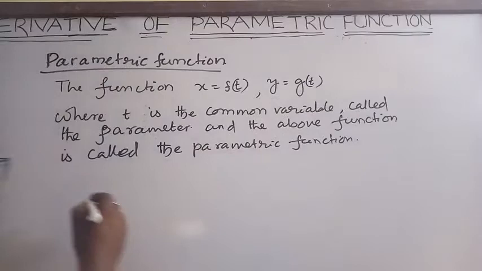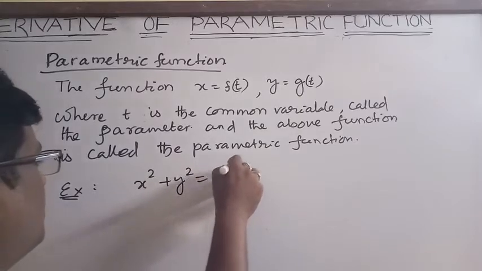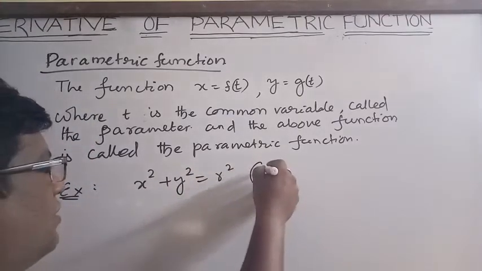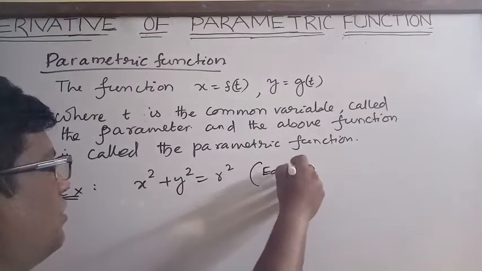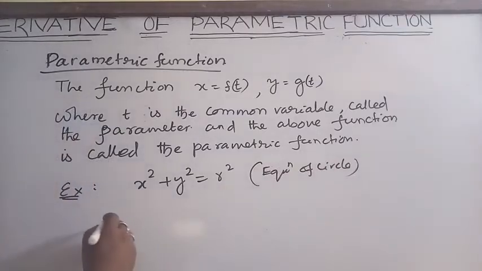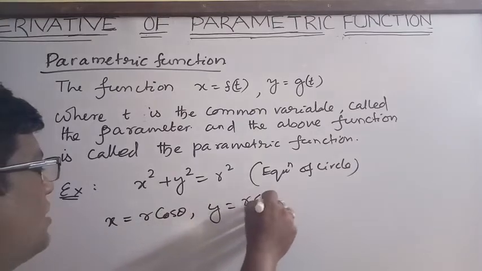For example, this is the Cartesian equation, x square plus y square is equal to r square. This is the equation of a circle. Here x is equal to r cos theta, y is equal to r sin theta.